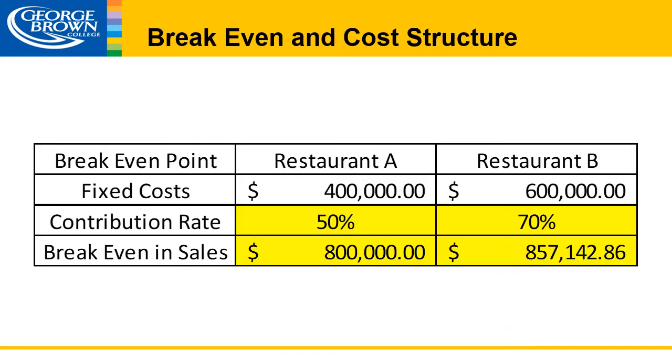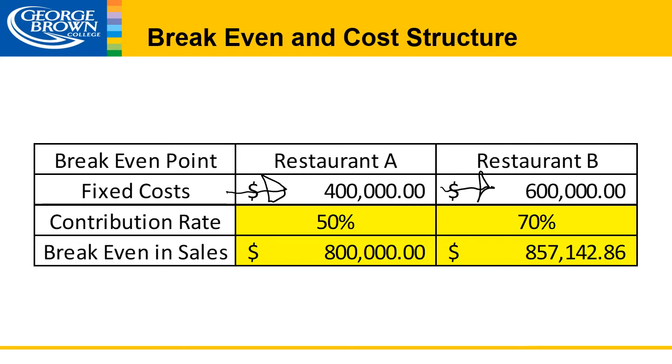Okay, so here's the two restaurants again, restaurant A and restaurant B. We're going to show here the implications of the cost structure on break-even points for the two restaurants. Okay, so restaurant A has low operational leverage, meaning their variable costs are more as a percentage than their fixed costs, and restaurant B has higher fixed costs than variable costs, okay, which is highly operationally leveraged.